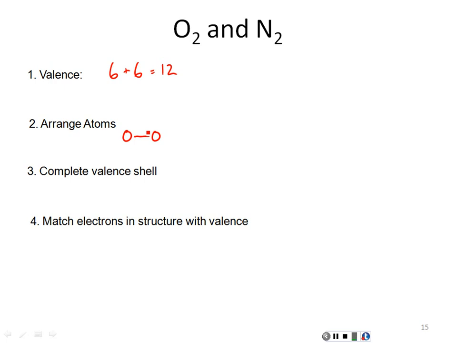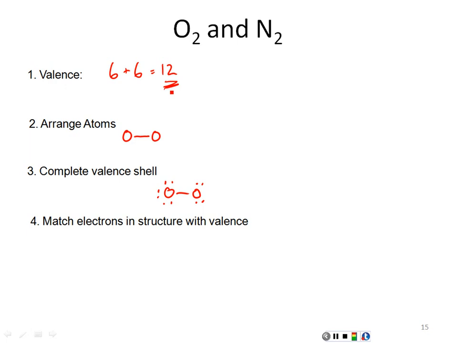The next step, we're going to complete the valence shell. 1, 2, 3, 4, 5, 6, 7, 8, 9, 10. So we have 10 non-bonding electrons and 1 bonding pair to give us our 12 valence electrons.